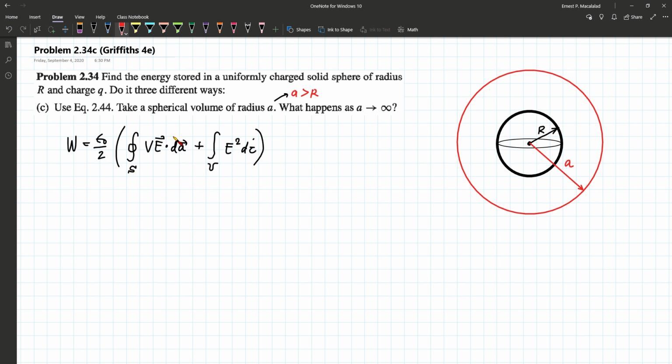Let's start with the first integral, the closed integral over the surface of V E dot dA.